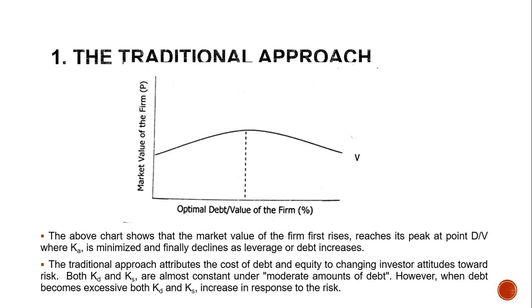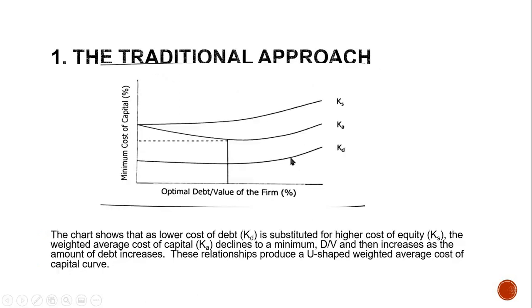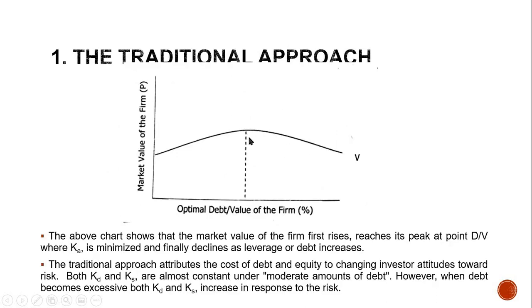Kaya pero kapag the debt is getting excessive, or when the firm increases its financial leverage by borrowing more money through debt, okay, we can actually see that the weighted average cost of capital will start to increase na naman, and at the same time, the value of the firm will decline or will decrease.